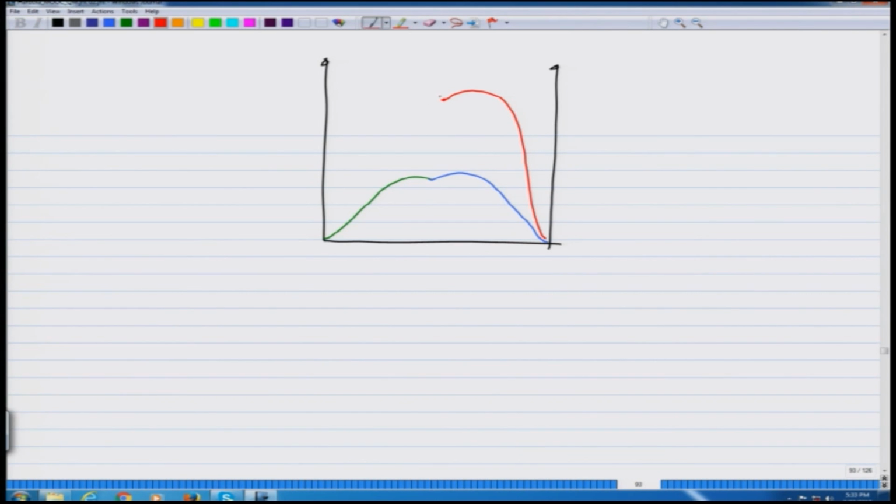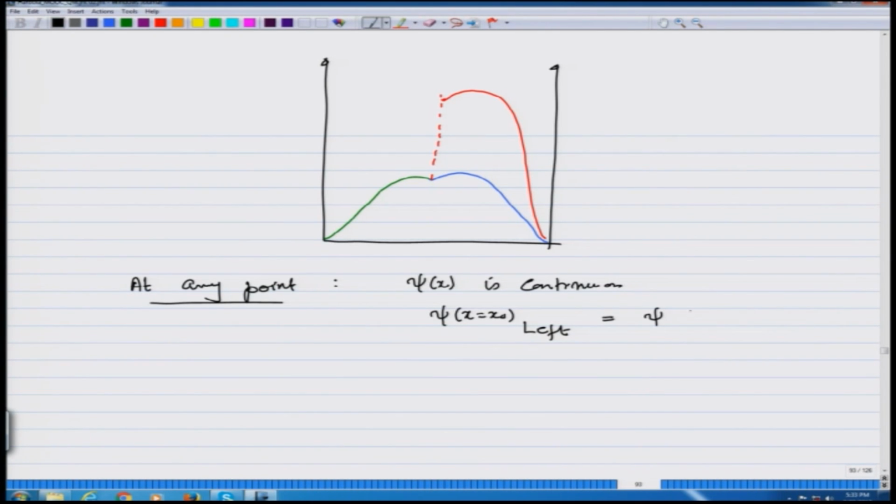What we should do is, at x equals x0, the solution should match. What does that mean? At any point, what do we have for the acceptable solution? Psi(x) is continuous, that means psi at x equals x0 from the left should be equal to psi at x equals x0 from the right.